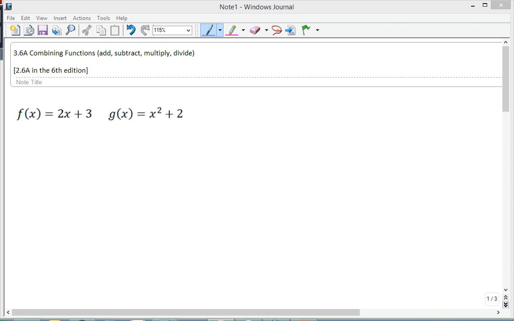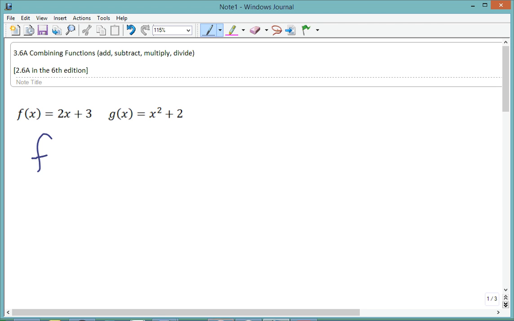Basically we would write it like f plus g, or f plus g of x is another possibility. Either one of these will work.